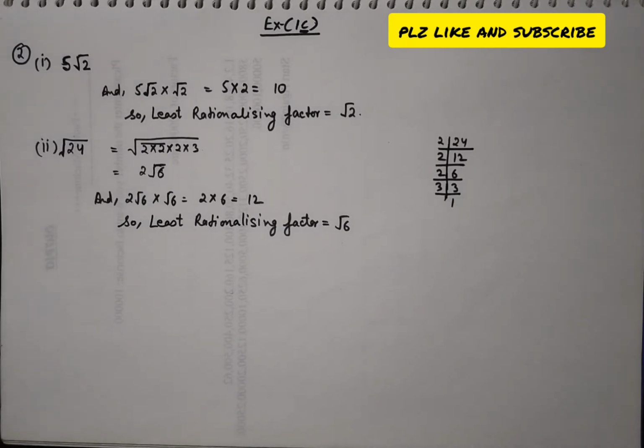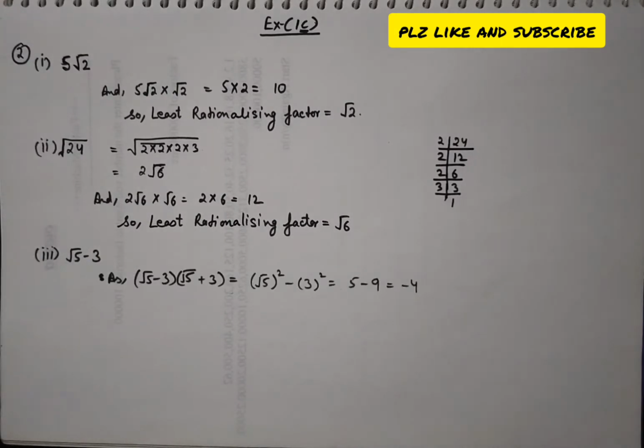Now, let's see the third part of this one. To rationalize root 5 minus 3, we have to multiply it by root 5 plus 3, so that it may be used in the identity a square minus b square.